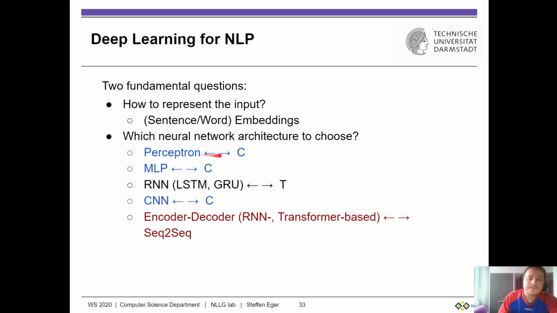If we want to do classification, we would usually use a perceptron or a multi-layer perceptron or a convolutional neural network, because all these architectures are able to take an input representation which represents, let's say, a word or a sentence, and attach a label to it.